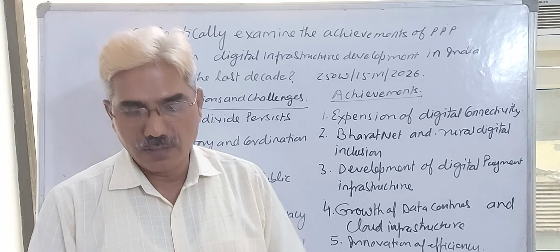Second, regulatory and coordination issues. That is also an issue. What is the regulatory issue? Delay in approval, right of way problems for fiber networks, and policy uncertainty have affected project implementation.